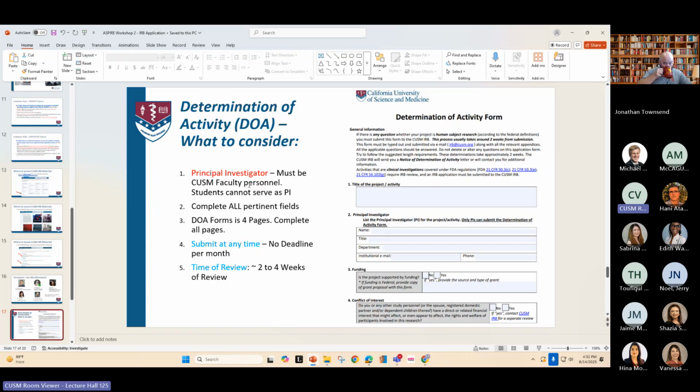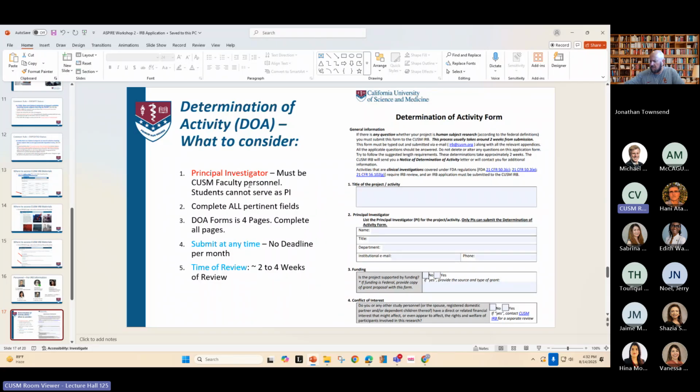The principal investigator must be a faculty member or a clinician affiliated with CUSM, either having a full-time title, assistant professor, associate professor, professor, or clinical title, or an adjunct title, but they must be affiliated with CUSM to be a principal investigator. So what that means is students can help and assist and prepare the IRB application materials, which I believe is excellent practice for students.